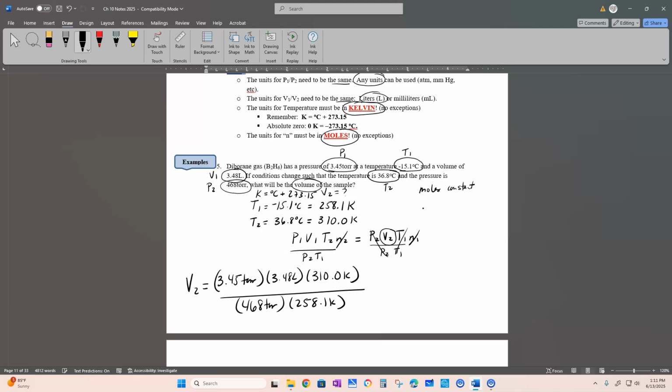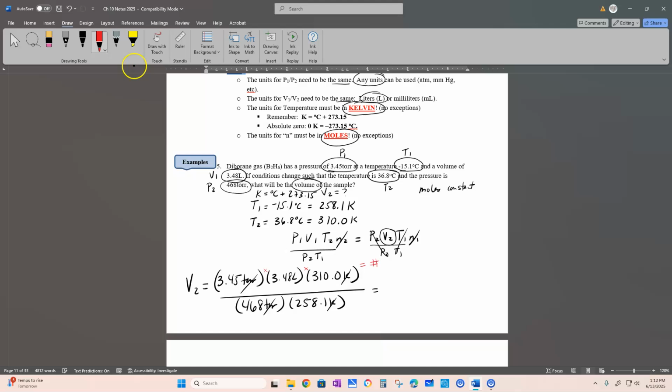Okay, so pressure is going to cancel. Kelvin will cancel. Now, what's tricky about the combined gas law is not the math, it's plugging it into the calculator. I'm going to do this in different colors, but you need to practice how you plug it into your calculator. We're obviously going to multiply these three numbers on top. Hit the equal sign, but keep the number in the calculator.